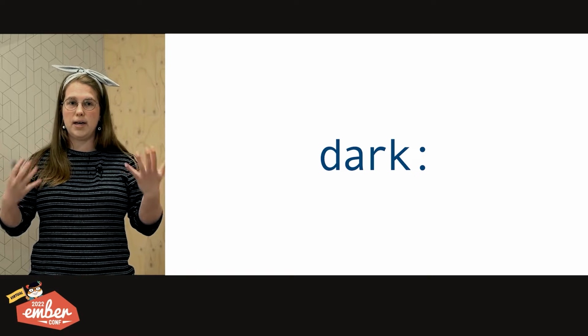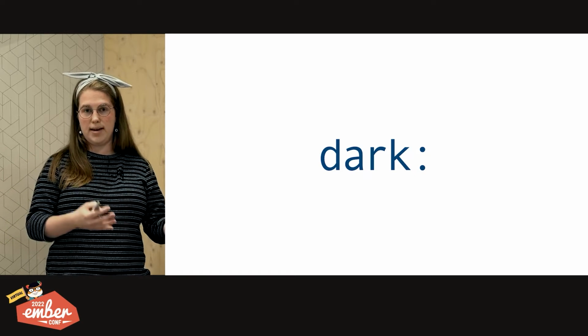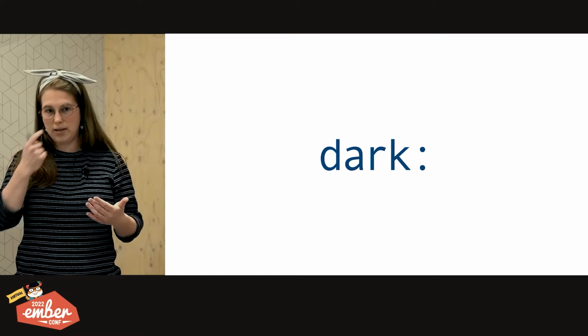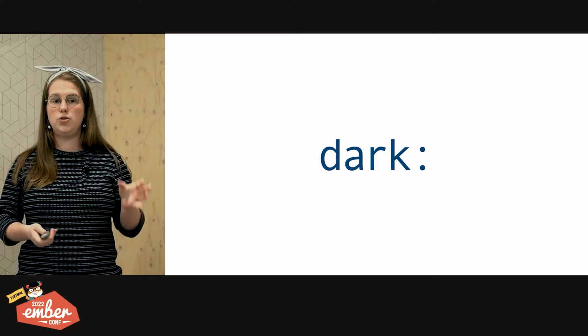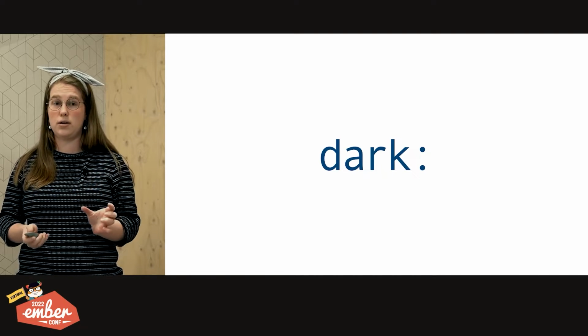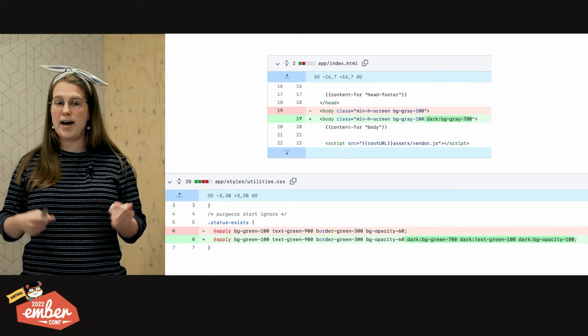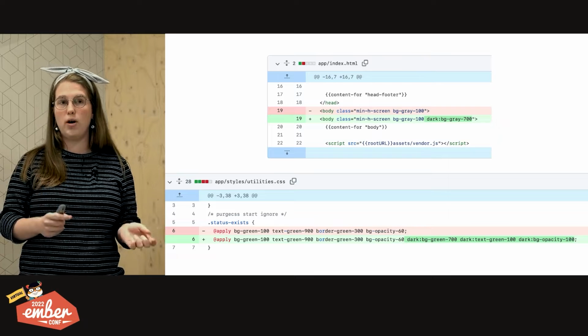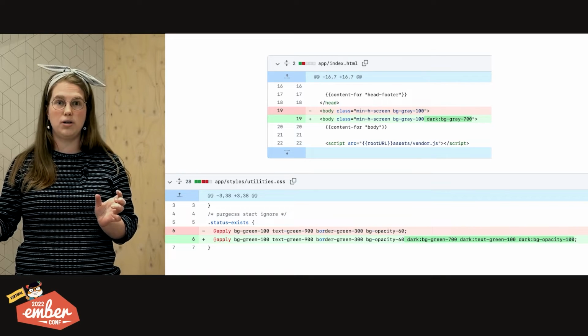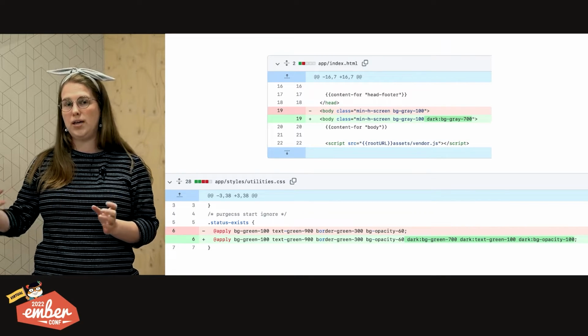Tailwind enables you to do this without immediately changing something. To change something in your code, you actually need to add the dark keyword. You're gonna add the dark keyword in front of a bunch of colors where you actually want to change the color.